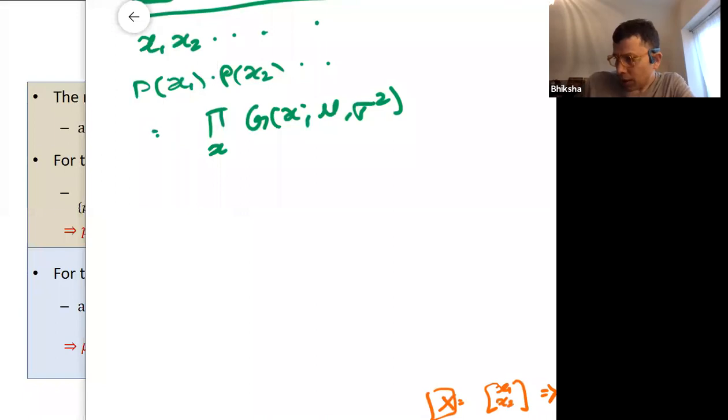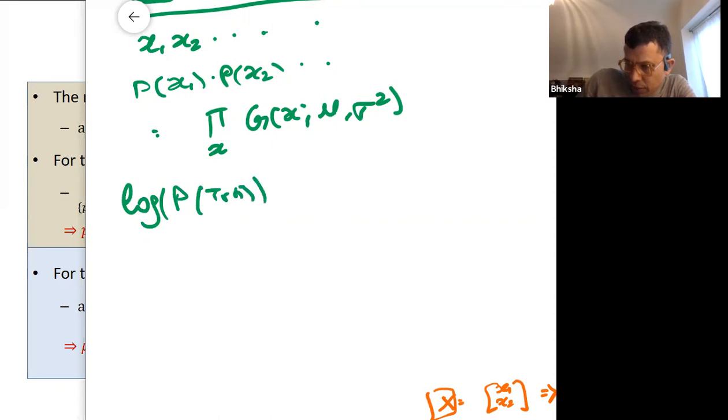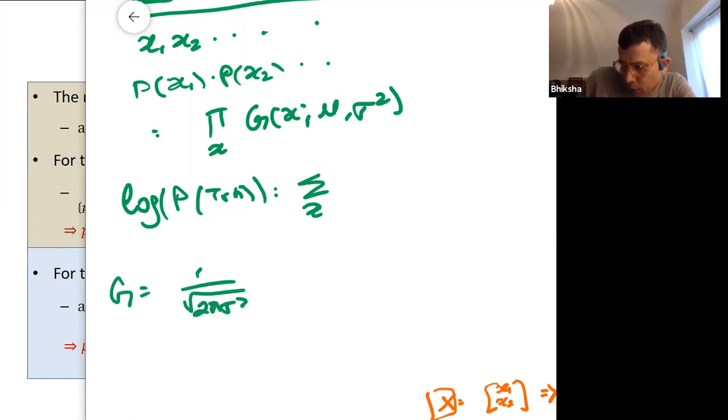So when I take a log of my training data, this is going to be the summation over x. And the Gaussian, of course, is given by 1 over square root of 2 pi sigma squared, exponent of minus half x minus mu whole squared by sigma squared.